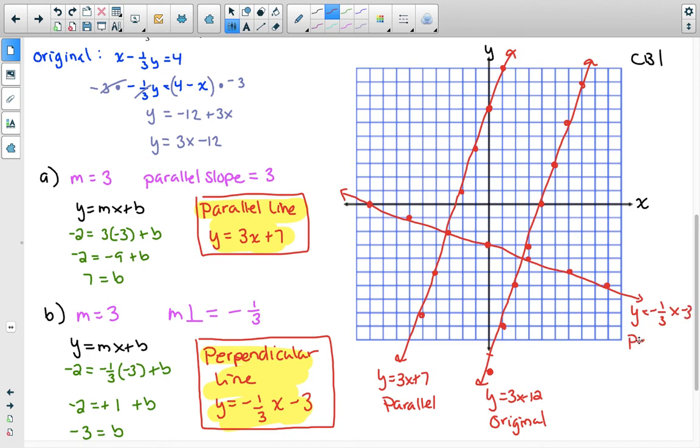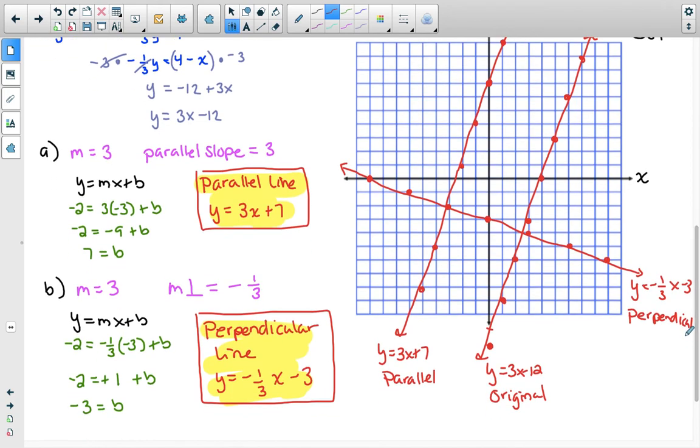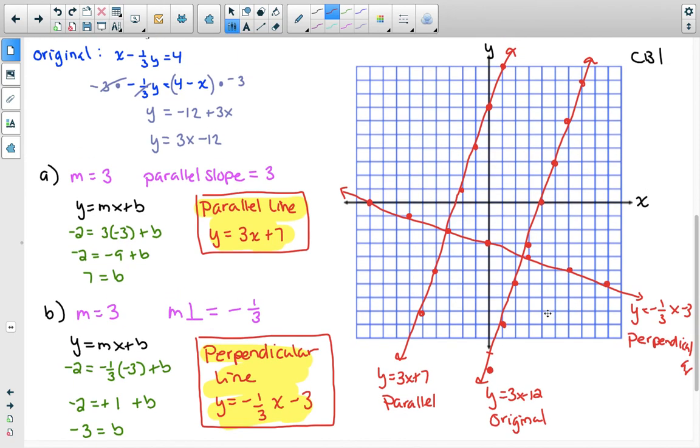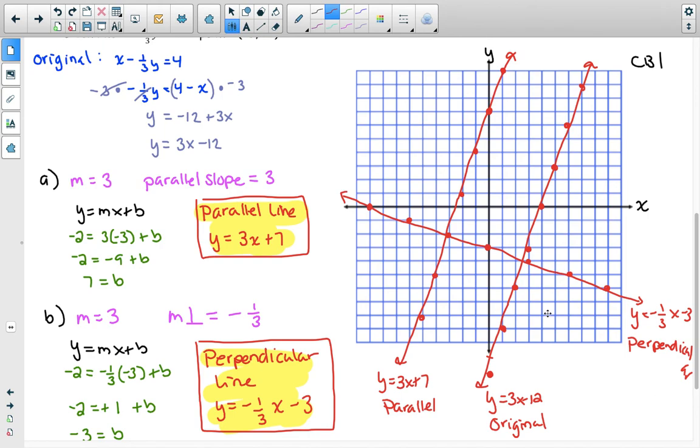This is the perpendicular line. And that is how we can do this algebraically. We could have done it with the graph as well, but showing how to do it algebraically is helpful if your y-intercept is not a nice, clean integer.